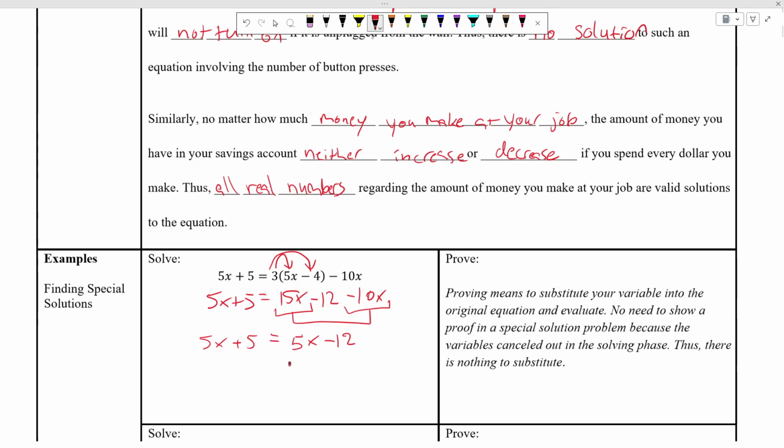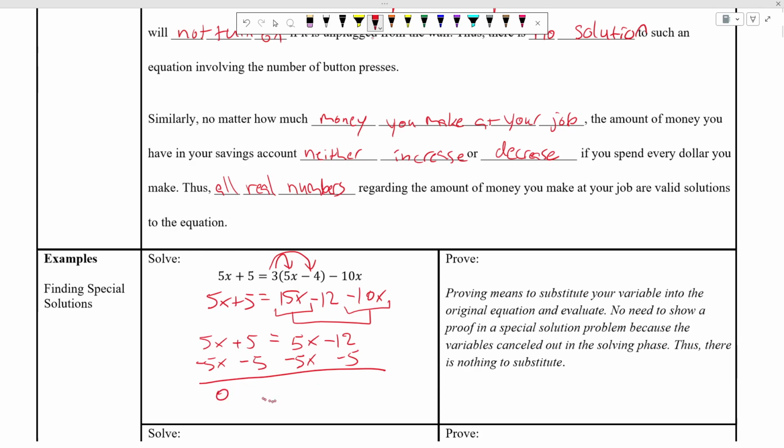So now I want to collect everything to the left, or even the right, it really doesn't matter. I'm just going to do what I normally do and collect on the left. So I'm going to inverse that 5x, move this, and move that. But here's the thing: this 5x minus 5x becomes 0.